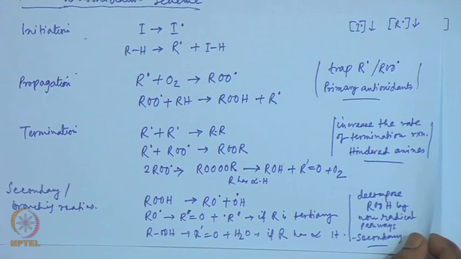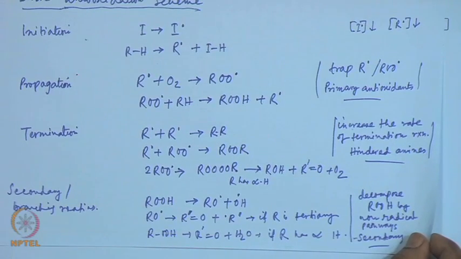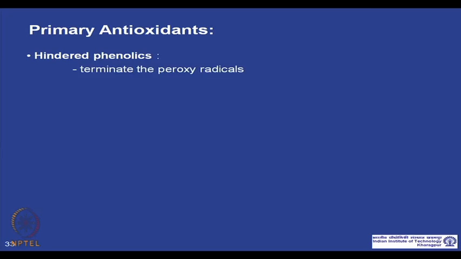So, primary antioxidants, as I just mentioned, trap R dot and peroxy radicals, and there are several types of primary antioxidants. One is hindered phenols. They basically terminate the peroxy radicals, and they themselves are not discoloring, but they can form chromophoric structures after they do this peroxy radical trapping.